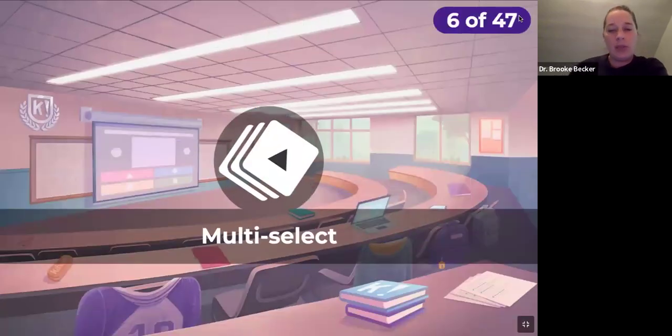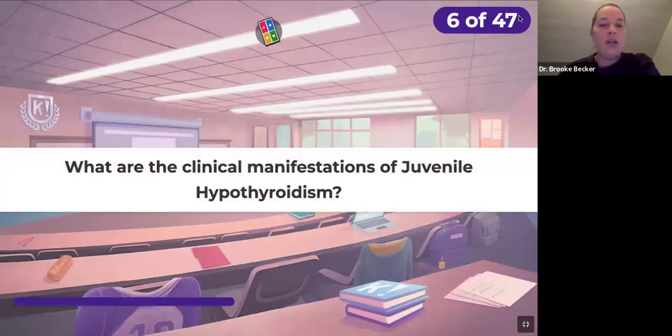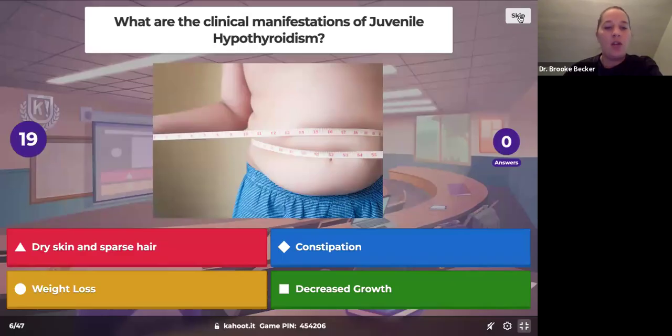Okay, another multiple select. What are the clinical manifestations of juvenile hypothyroidism? Dry skin, sparse hair, which is red, constipation, which is blue, weight loss, which is yellow, decreased growth, which is green.